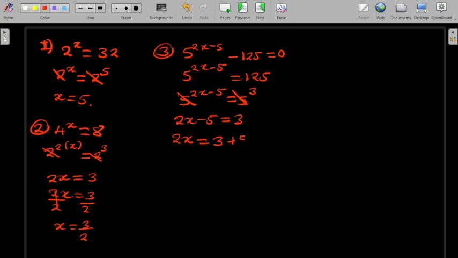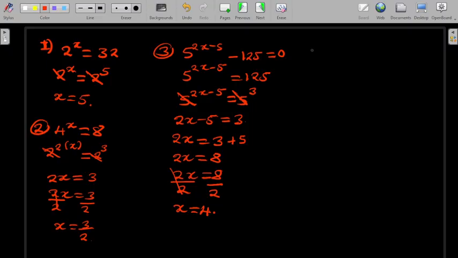A positive. So now we have 2x equal to 8. Now we divide by 2 so that we make x the subject of the formula, and we get x equal to what? Positive 4. So that becomes the value of x.